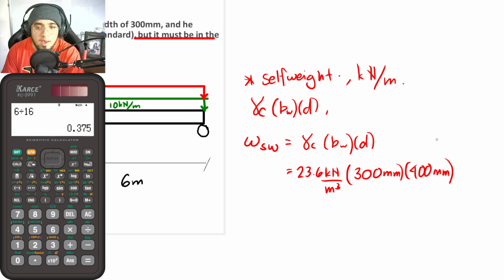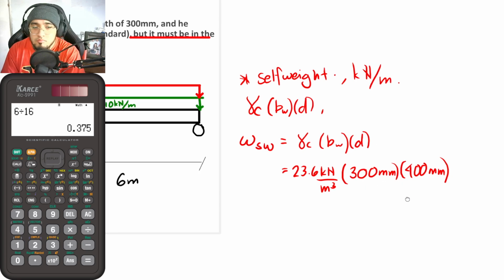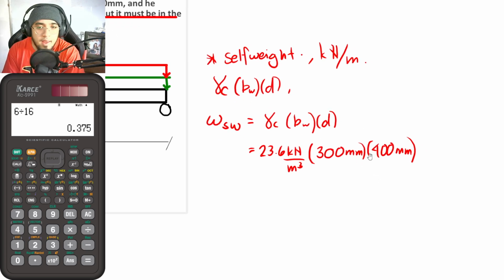By the way, guys, take note that this is in terms of cubic meters. So if you would be multiplying this, you must have unit consistency. Either you convert this cubic meter into millimeters, or better yet, just convert everything in terms of meters. So this is now equal to 0.3 and 0.4.